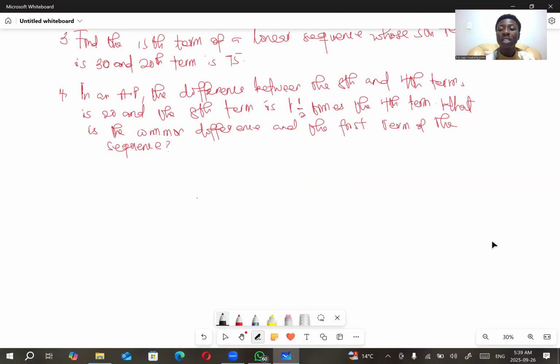Patience. Difference means what? Yesterday, when I was writing the question, I was explaining. Difference means what? Subtraction. So they said that in an AP, the difference between the 8th and the 4th terms is 20.